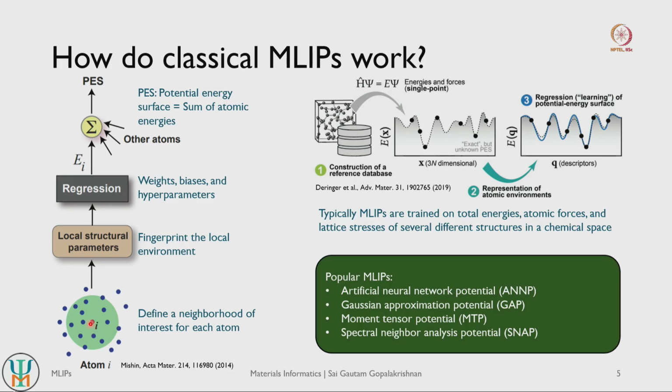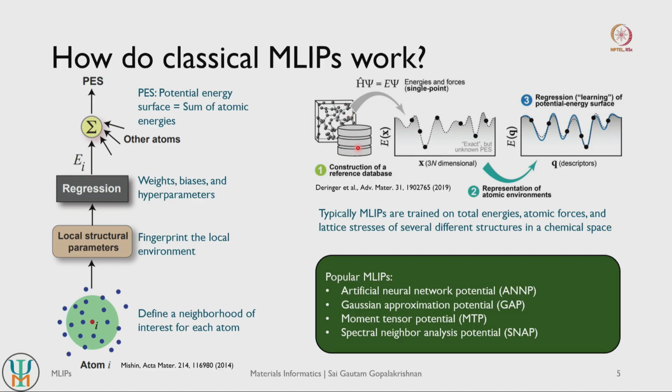So if you keep changing the underlying structure, so you introduce perturbations, you introduce modifications within this underlying structure, you basically get energy as a function of bond lengths or volumes, which is basically your potential energy surface, right. So the overall energy of your system is basically a sum of atomic energies, and the energy of each atom we decompose into its local environment, right. So the atoms to which it is actually bonding. So in practice, how do we do it?